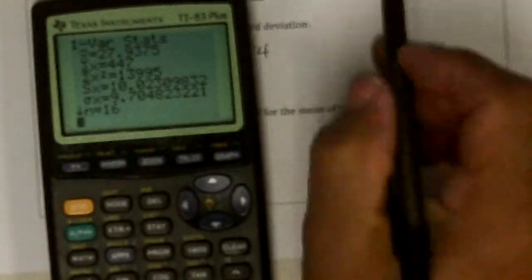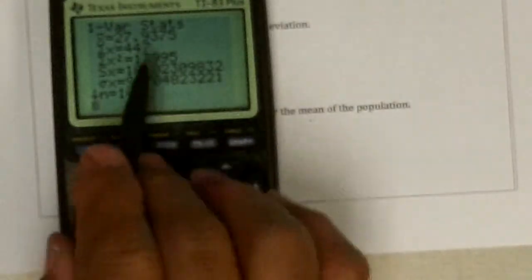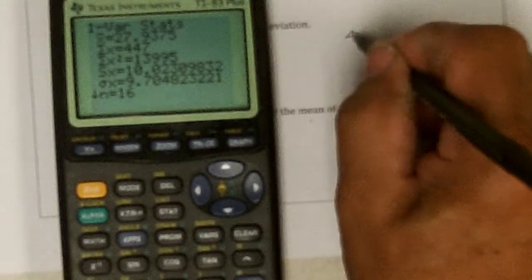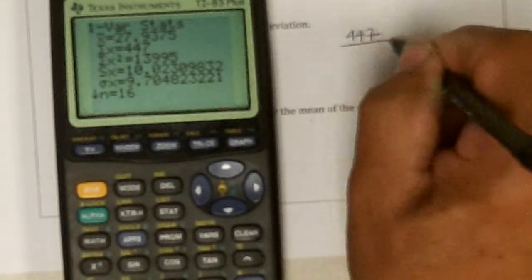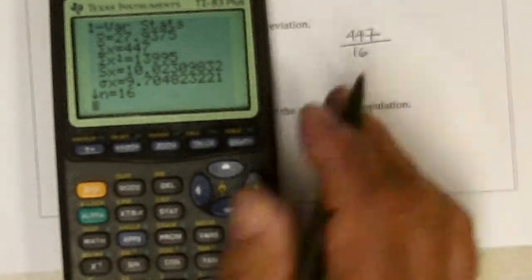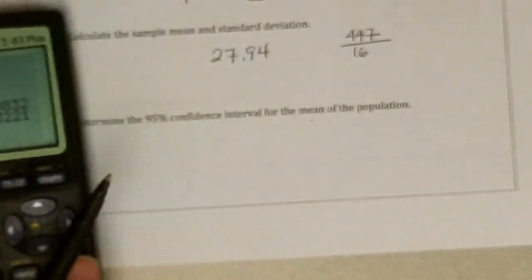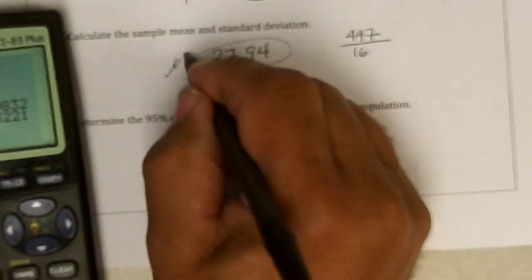All these numbers added up, according to the calculator, is 447, and then we divide it by 16, and that's how the calculator came up with this mean of the sample.